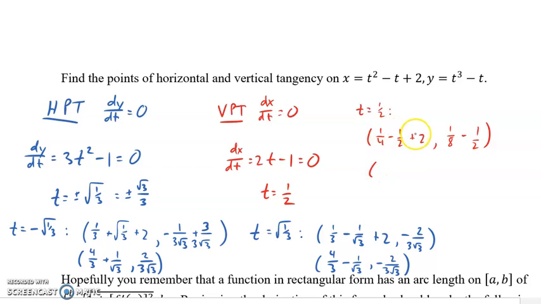So we've got, let's see, 8/4 minus 2/4. 8 minus 2 is 6. 6 plus 1 is 7. That's 7/4. And 1/8 minus 1/2 is the same thing as minus 4/8, which is 1 minus 4 is -3. So that should be what we end up with for our vertical point of tangency.